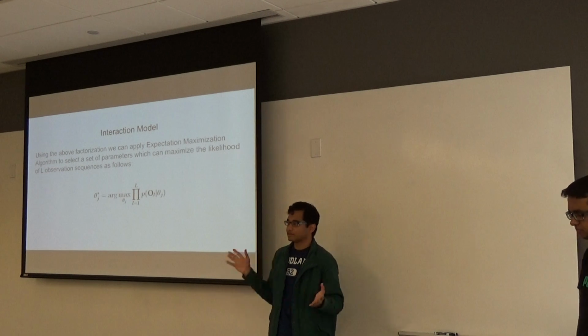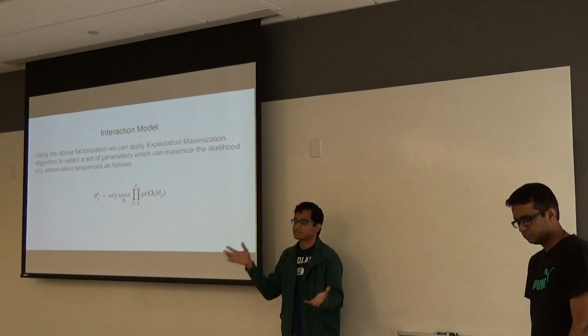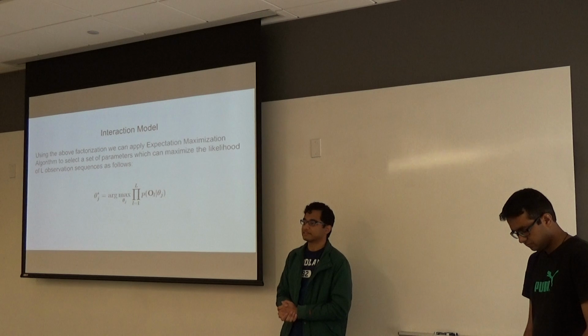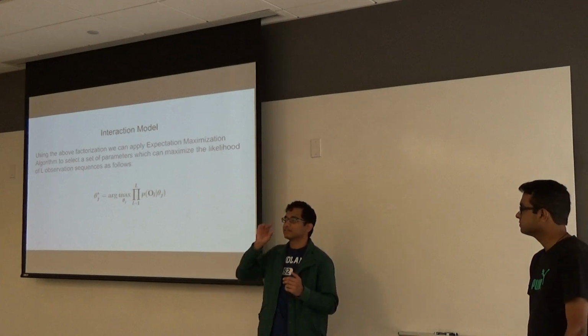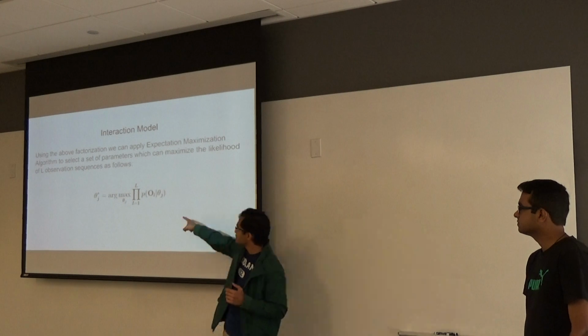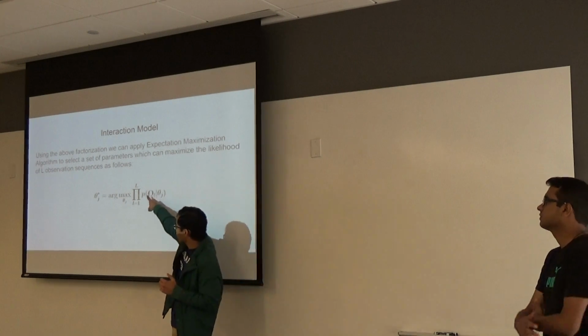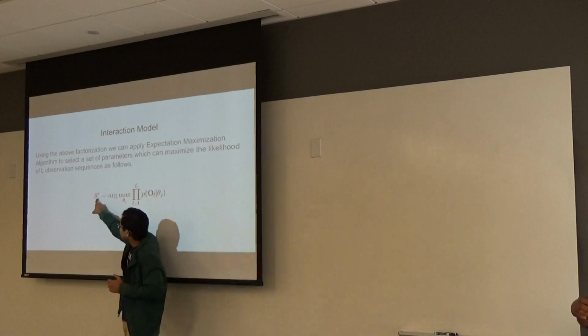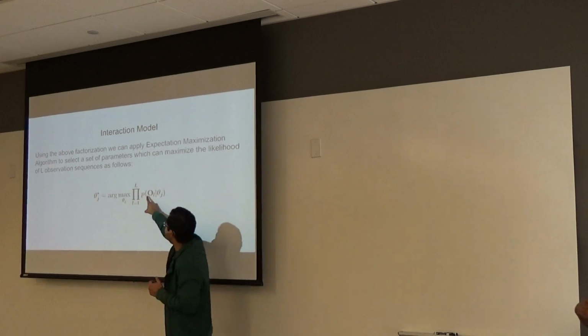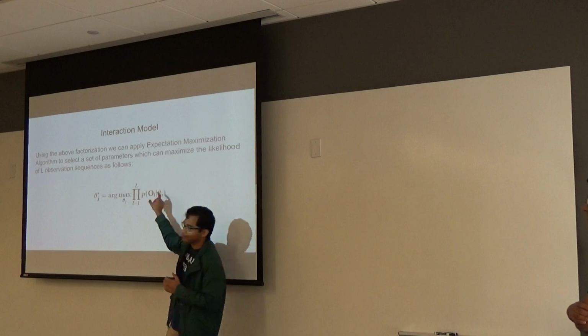So the third part is the interaction model, where we basically come up with the HMM model parameters that would maximize this set of observations given our parameters. So we are basically maximizing this set of probabilities.